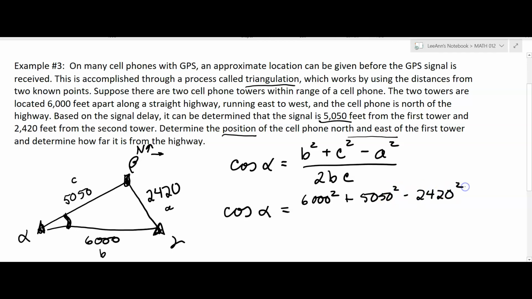Now, it makes a difference which numbers go where, especially the one that's being subtracted, so you have to be a little careful there. And then this is going to be over 2 times B times C.